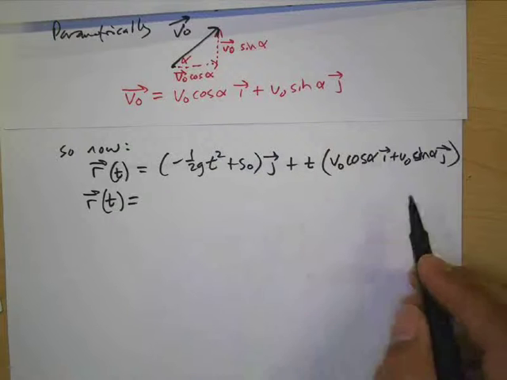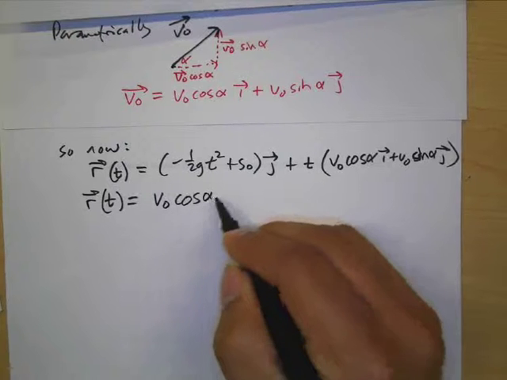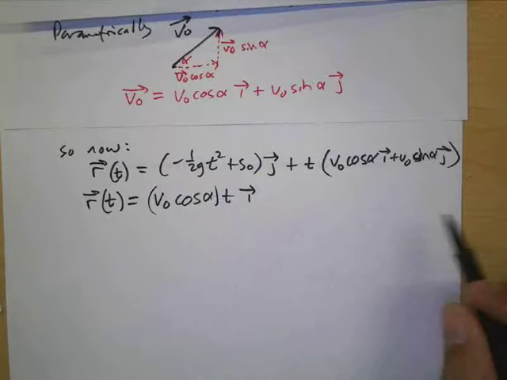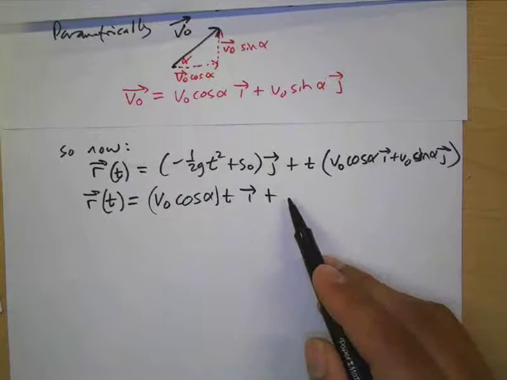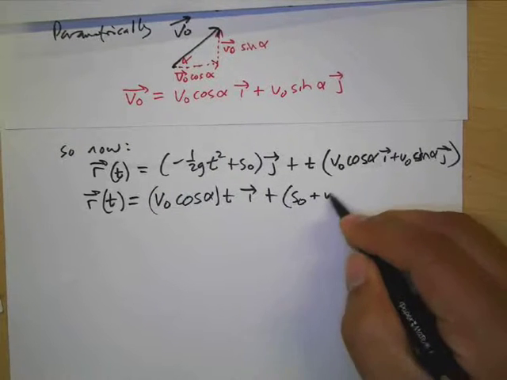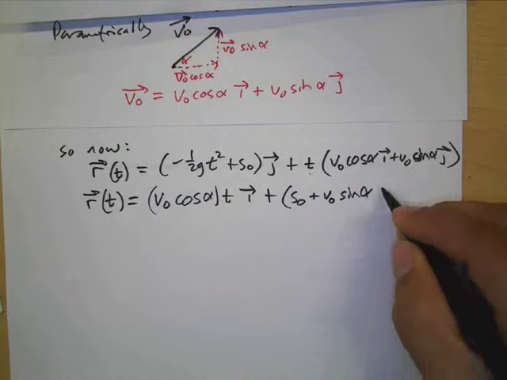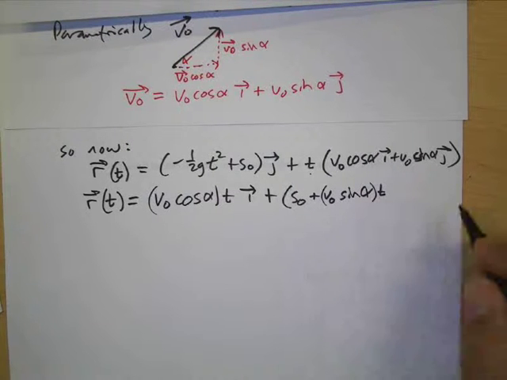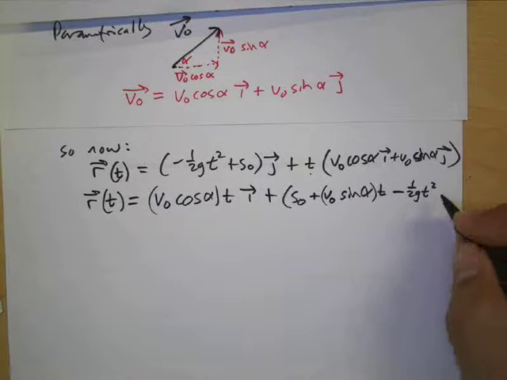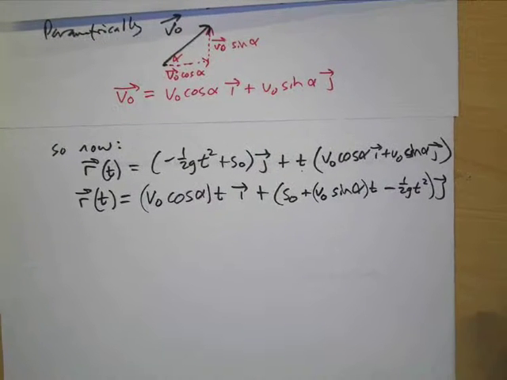So the only i component would be v naught cosine alpha times t, plus, and now everything else goes with my j component. So that would be s naught plus v naught sine alpha times t, minus the 1/2 gt squared, and that's all j, which is where all your happy physics equations come from.